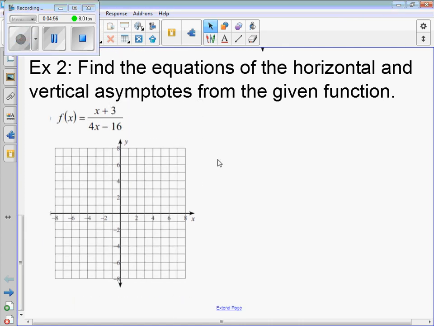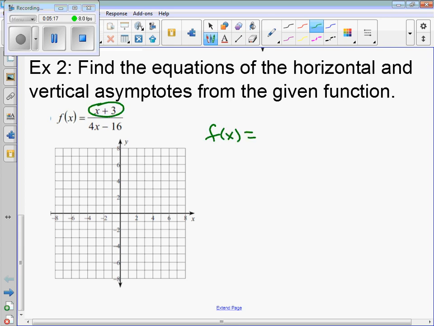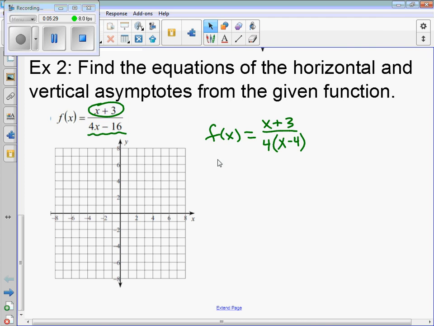I have a graph on here, a coordinate plane. We don't need to use it. So let's look at the next one. First factor the denominator, which helps us look for the vertical asymptotes. So f of x equals the numerator, which cannot factor. The denominator, we can factor out a 4. The greatest common factor is 4, leaving us with x minus 4. So the zero of the denominator, from the factor x minus 4, is 4.